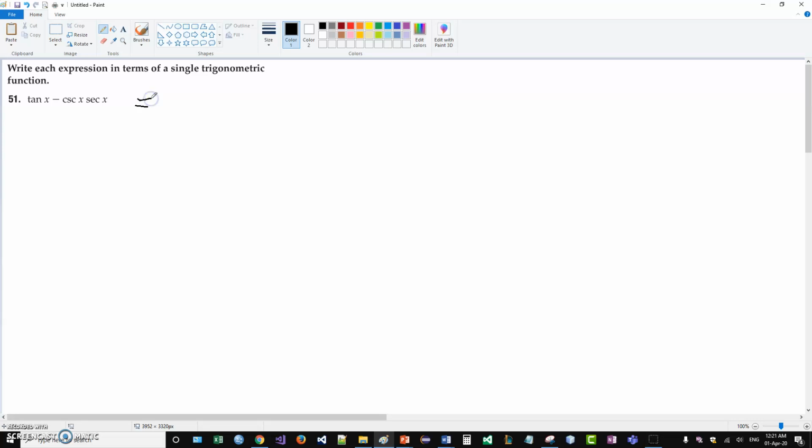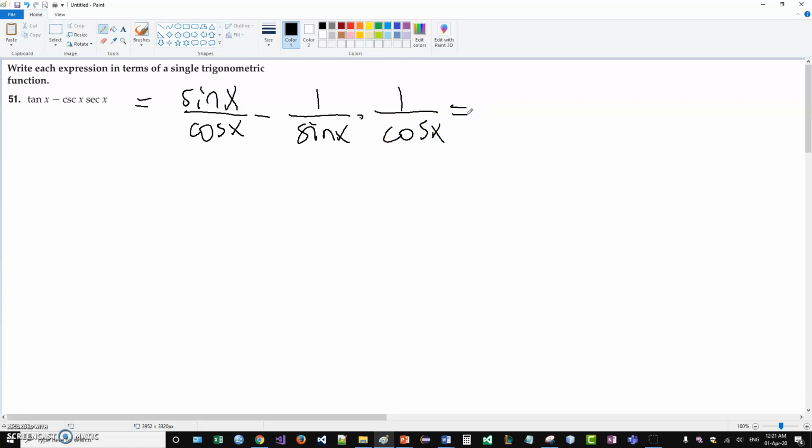Tangent x is sine x over cosine x minus cosecant is 1 over sine x times secant, which is 1 over cosine x. Let's add these two fractions. The common denominator would be sine x cosine x.